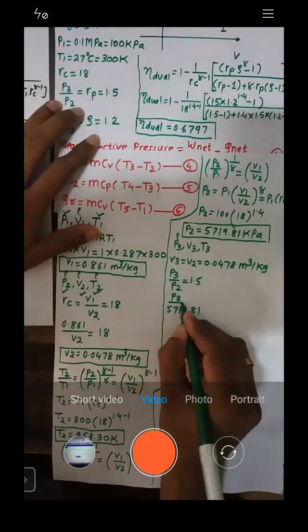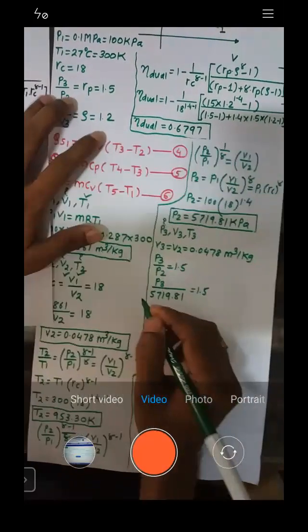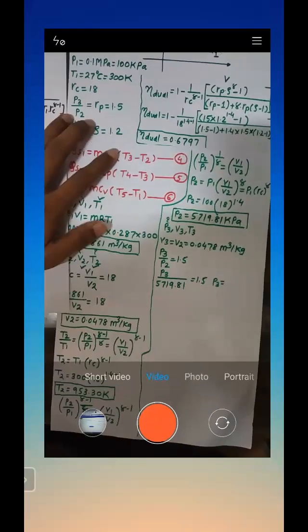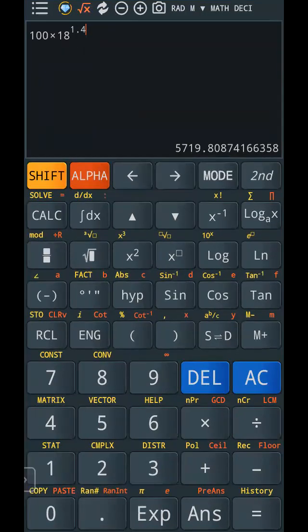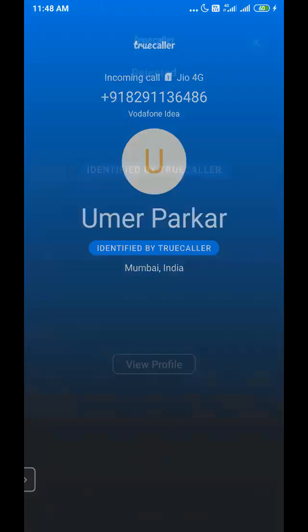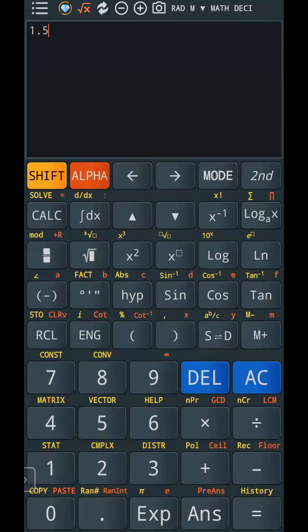5719.81 is equal to 1.5. So from this I will get some value of P3. Okay, let us see what value of P3 I'm getting. Right, so P3 will be 1.5 times of 5719.81.